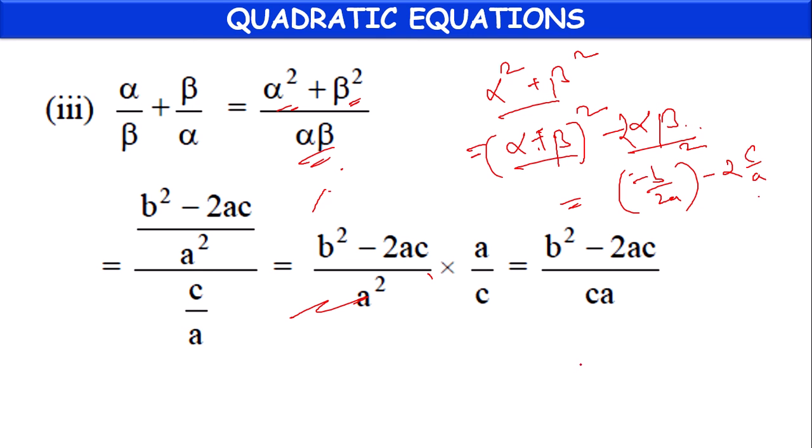Minus b whole square will become b square by a square, minus 2c by a.